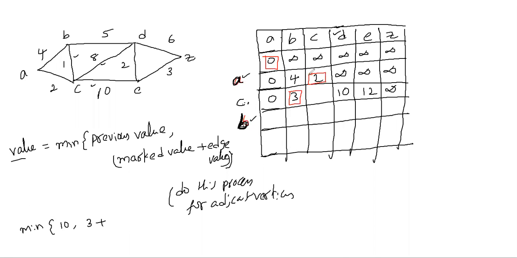So what is the B to D edge value? 5. So now what is the minimum of 10 comma 8? The value is 8. So now you have to write that 8 here. Only update this D only. B adjacent is only D here. So update that D.